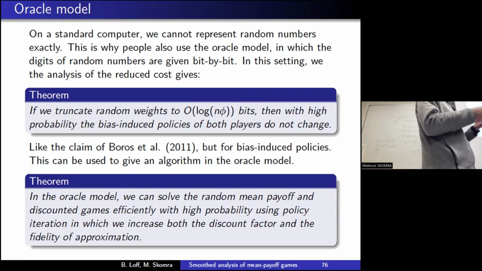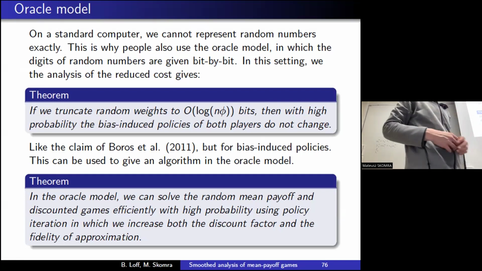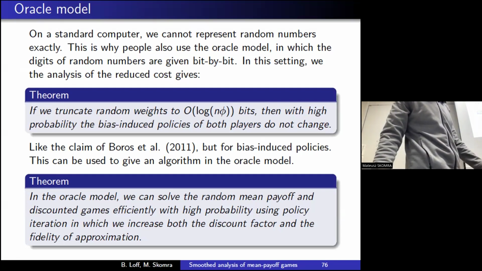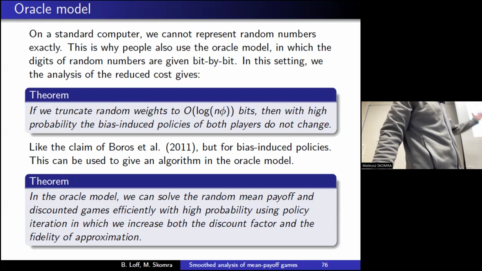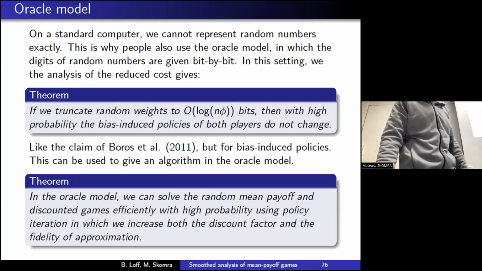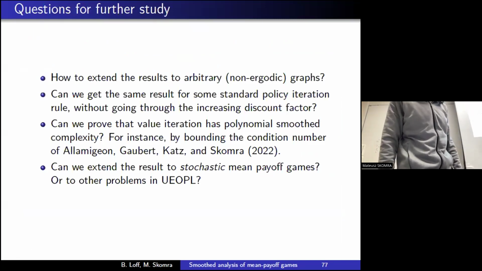If we approximate the weights, you can run the same algorithm, but now at each step you have to ask the oracle for more and more bits. So you update both the discount factor and how many bits you ask from your oracle, and I think at this point this is fine. But I just wanted to mention this because Boros et al. used this model as an oracle. So that was really the last slide.